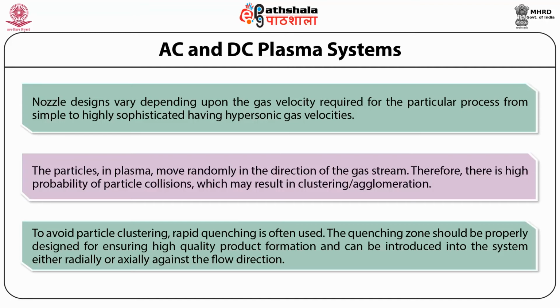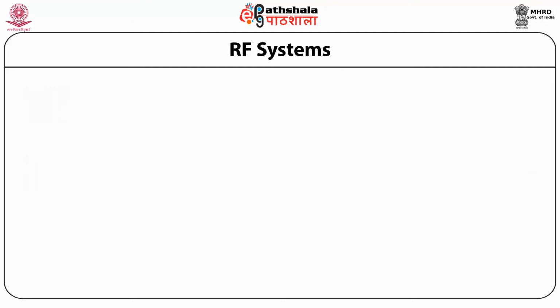The quenching gas can be introduced into the system either radially or axially against the flow direction. Nonetheless, AC and DC plasma systems suffer from producing highly clustered forms of powders. Let us discuss next the RF systems.